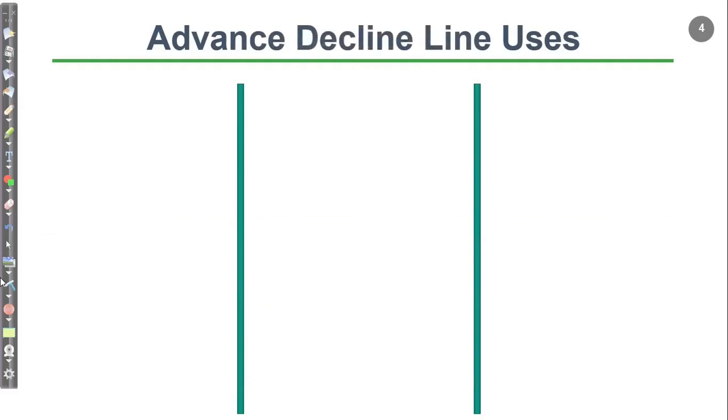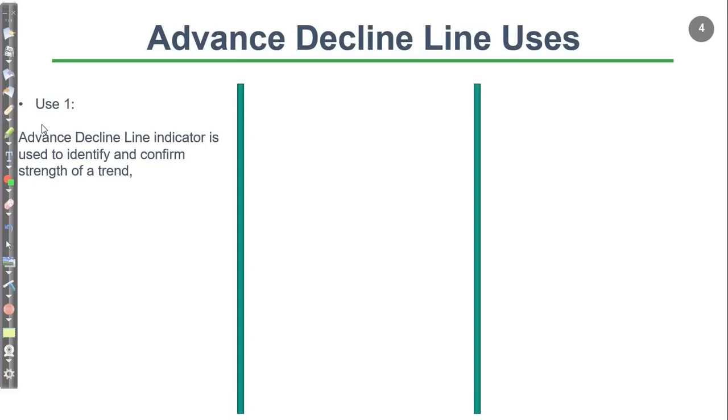Advanced decline line usage: where exactly do we use this indicator? First step, when both the ADL line and the price line are running in an uptrend, we are looking for buy only. When both are running in a downside, we are looking for short only.